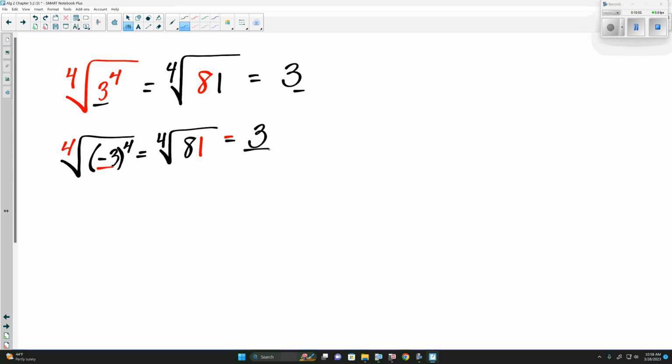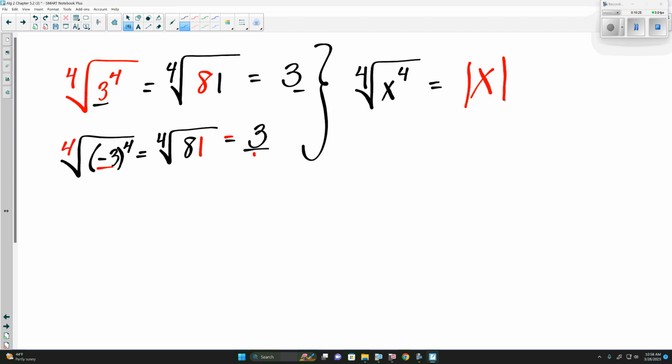So to take both of these into account, when we think of the fourth root of x to the fourth, well, indeed, the numbers would simplify out. The fourth root and 4 would cancel out. But when the x started out as negative, it became positive, and when it was positive, it still stayed. So to bring that into account, we have to put the absolute value of x, as long as the power is odd.